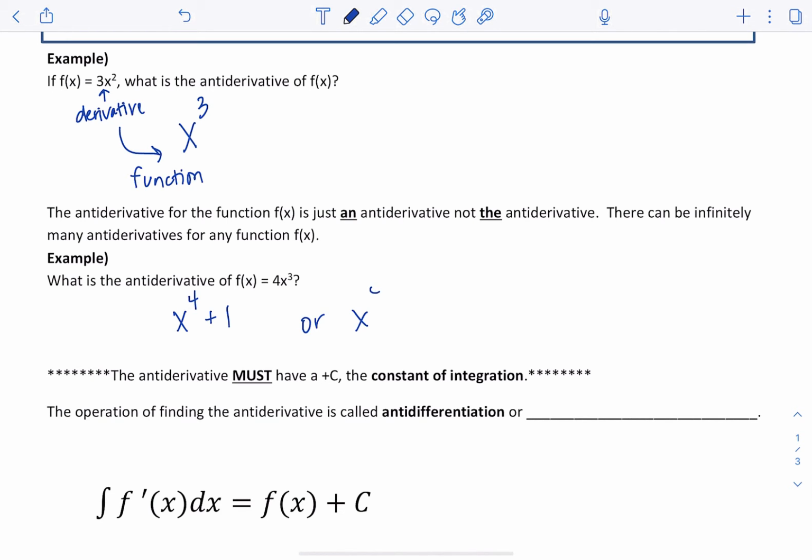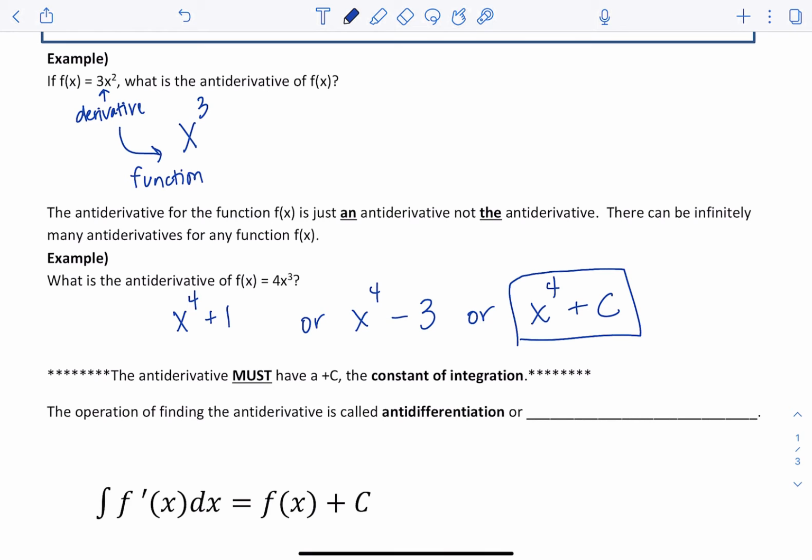Or it could be x to the 4th minus 3, because its derivative is also 4x cubed. So really, it could be any constant. And so that's what we're interested in here: when we're doing an antiderivative, there could be a constant. We want to recognize that we don't know this constant, and unless we have some initial information, we can't find it.